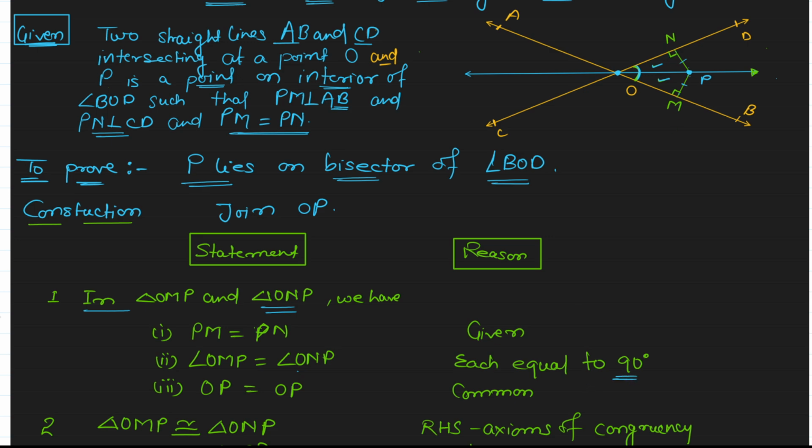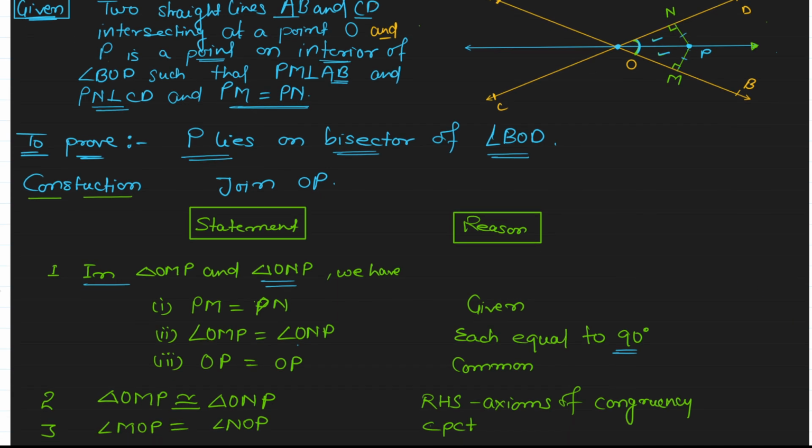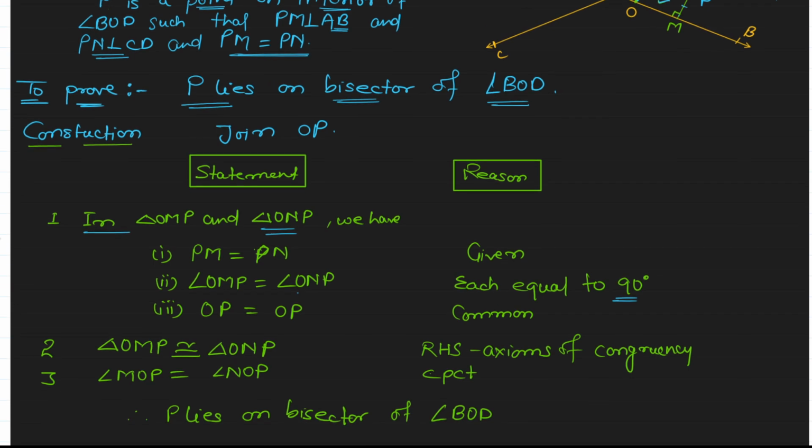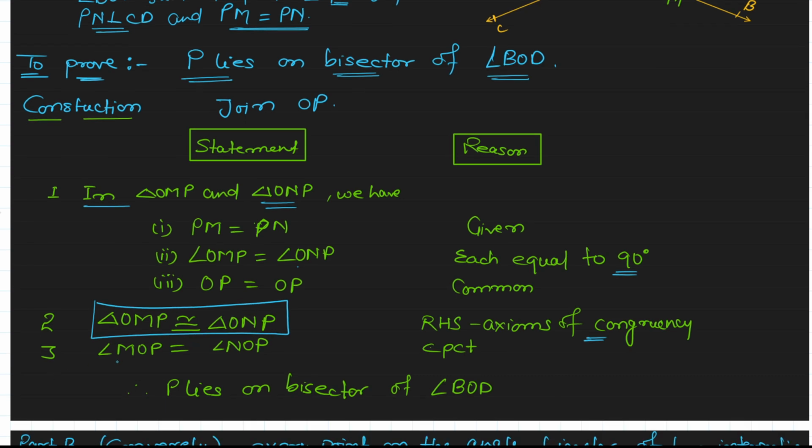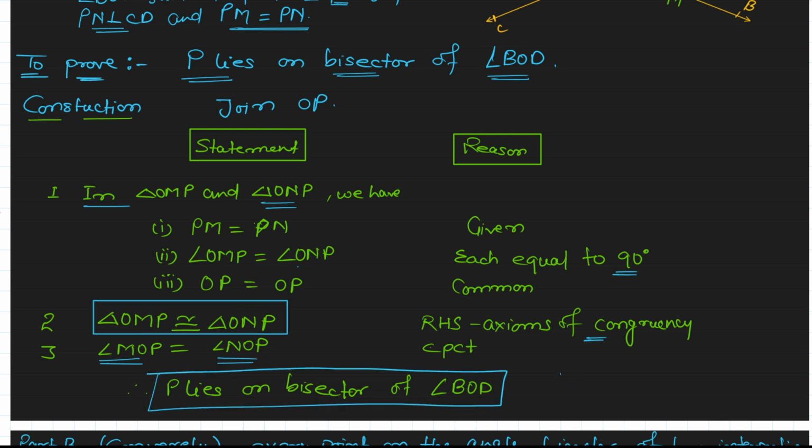And OP is common to both triangles. So by the RHS axiom, triangles OMP and ONP are congruent. So angle MOP equals angle NOP. These two angles are equal, which means P lies on the bisector of angle BOD. This is what we needed to prove.